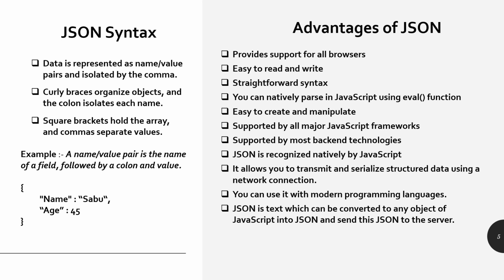See, this is the example. See the curly brackets and the name value pair. But one important thing you have to remember here is this is the name, this is the value. So again, this is the name, this is the value.